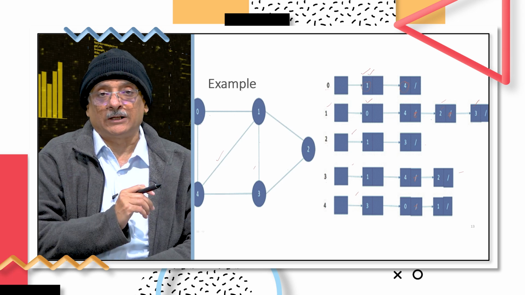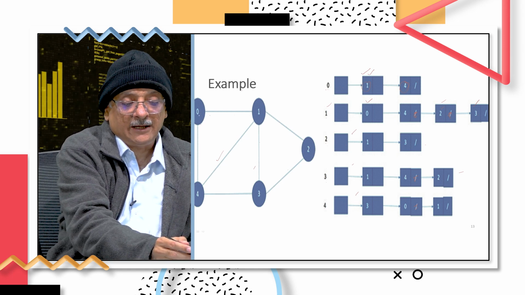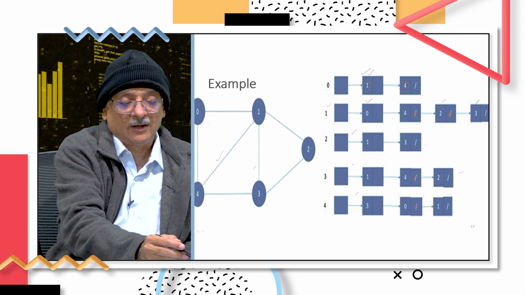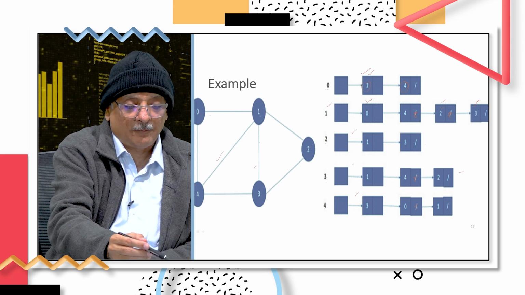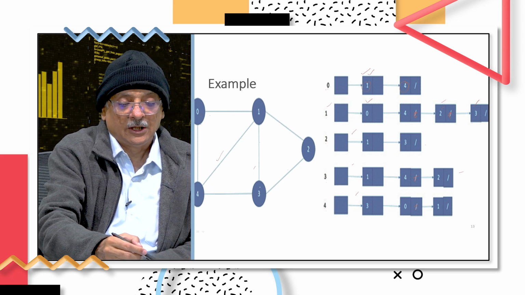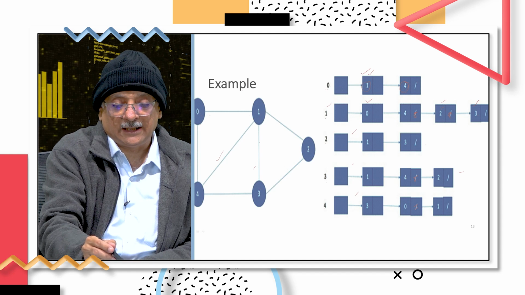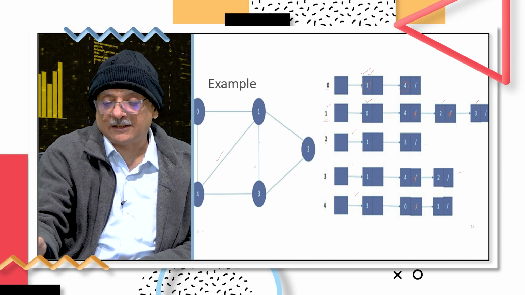Now, notice one particular thing. Let us take a link from 1 to 3. This link from 1 to 3 is represented in this particular list.